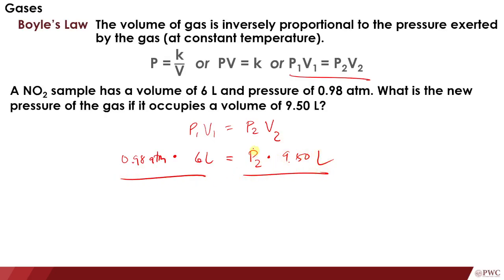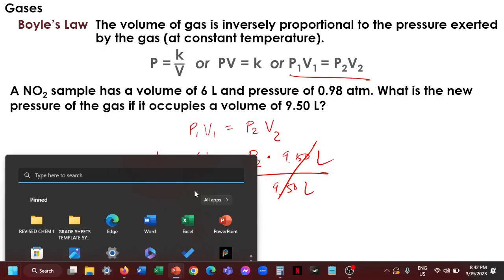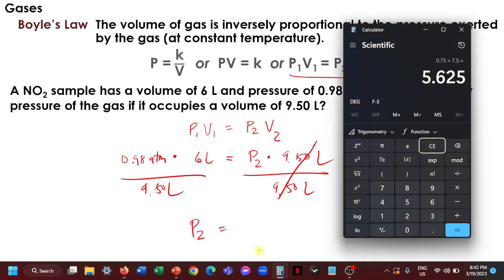Again, we're looking for the value of P2, so divide both sides by 9.50 liters. What's left here is P2. Then for the rest, you just need to solve this one. We have 0.98 times 6, then divided by 9.50, which is equal to 0.62.